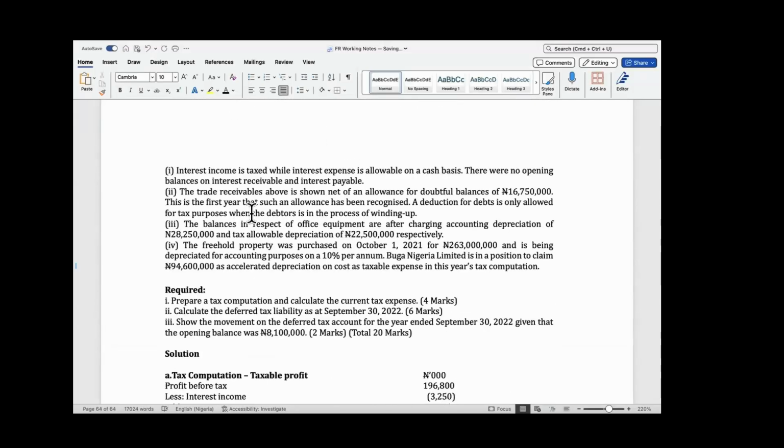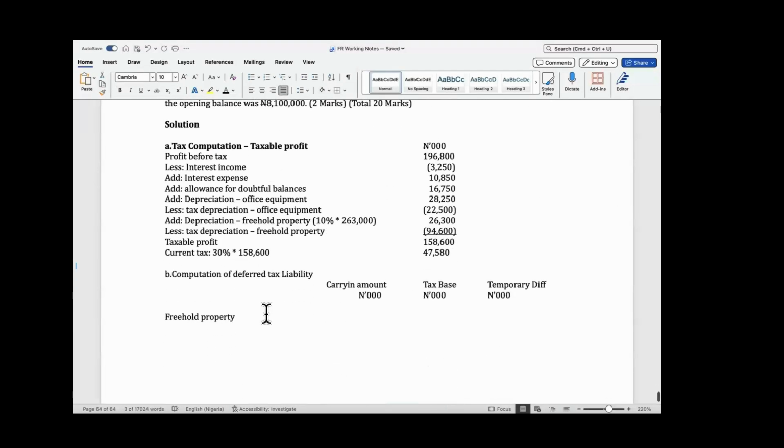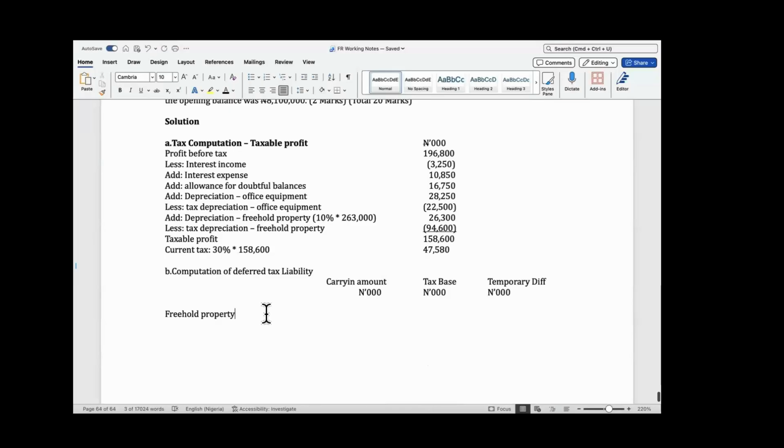They told me that the cost is 263,000 and depreciation is 10% per annum. So it is 263,000 minus 26,300.